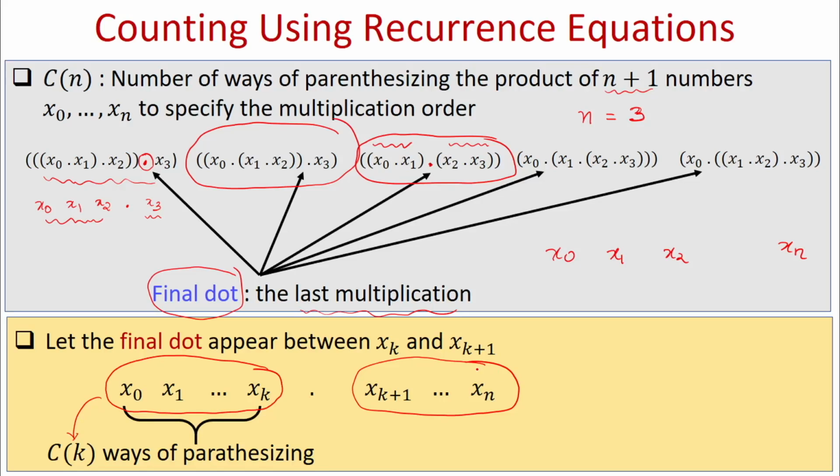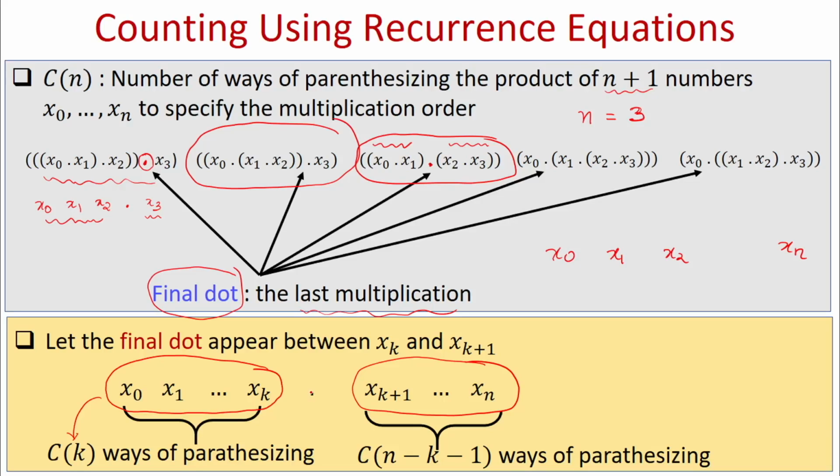And now we are left with remaining values, namely after the final dot. They are the values from x of k plus 1 to x of n. And again, as per the problem definition, there are c of n minus k minus 1 ways of parenthesizing those remaining values, which are going to appear after the final dot.